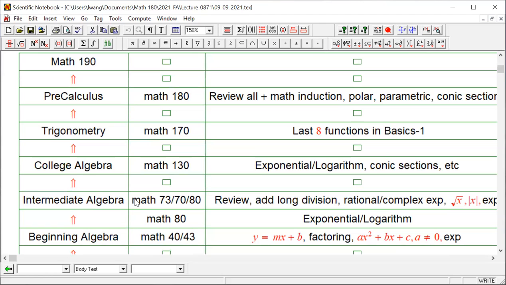Even if you can make it in, you cannot make it out. You may end up taking it multiple times. You may as well make sure you understand this algebra. Without proper algebra preparation, which all these 5 courses include, it's impossible to do well in calc. This has been tested over and over again.